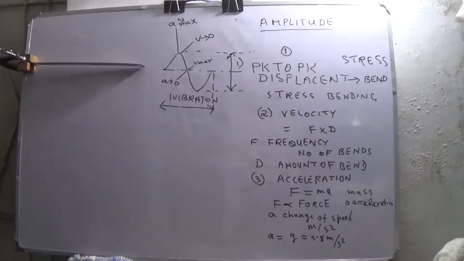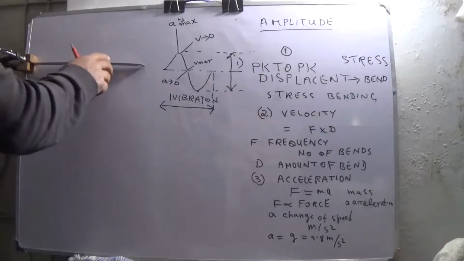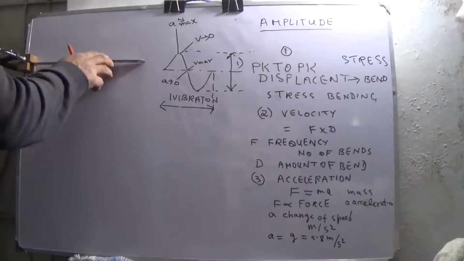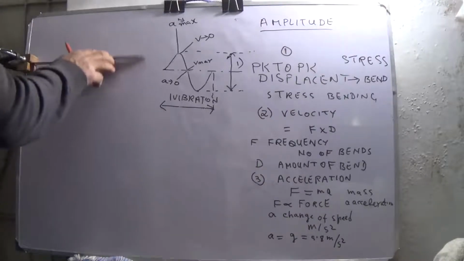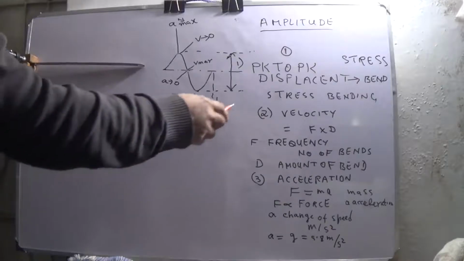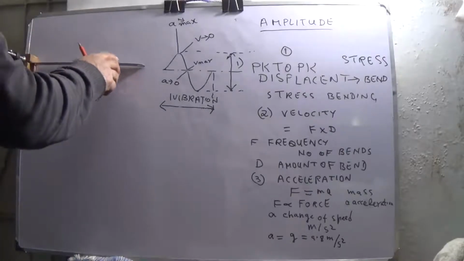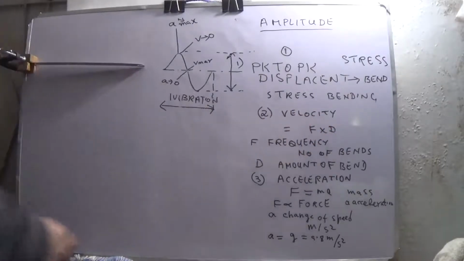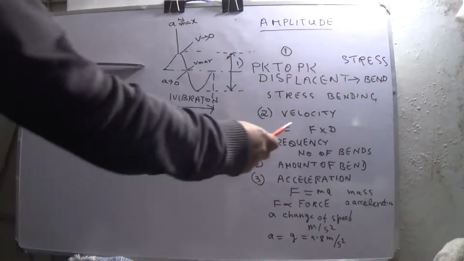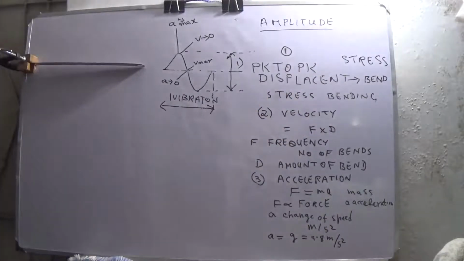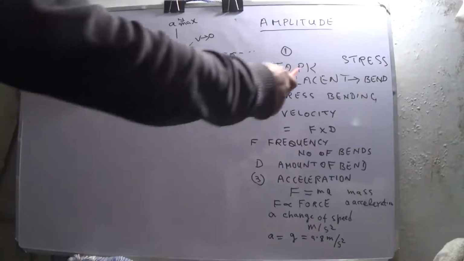When a machine breaks, two things are important: how much you are bending, which is displacement, and the number of times you are bending, which is frequency. So velocity is called fatigue, and displacement is called stress.